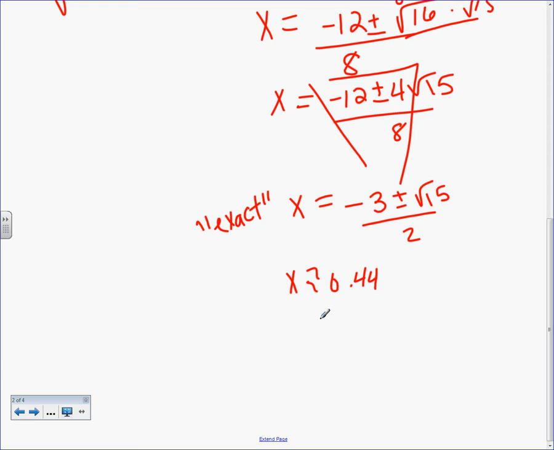You try the negative part, the negative 3 minus the square root of 15. Let's see what you get. Just shout it out when you get it. 44 again, yeah. Negative 3.44.